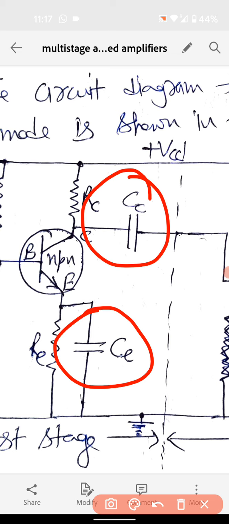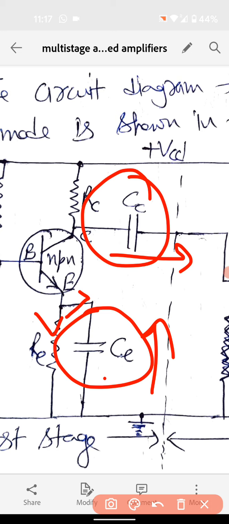So both these, due to this large capacitive reactance, what will happen? Very small part of the signal will be passed on to the second stage. And the other thing is that because this CE reactance is very large, the emitter current won't pass through this capacitor; rather it passes through this resistance.